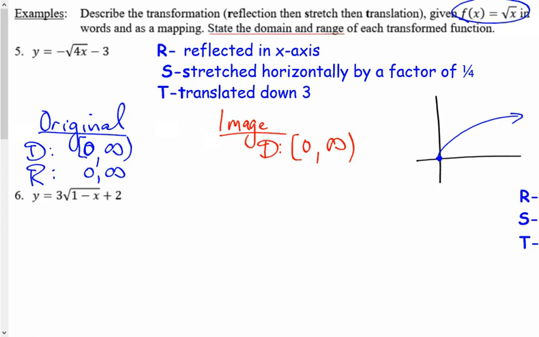Mine looks like it's going horizontal, but it does keep going up forever, including the 0, not including the infinity. So my range for my image, well, maybe I shouldn't put a bracket there already.